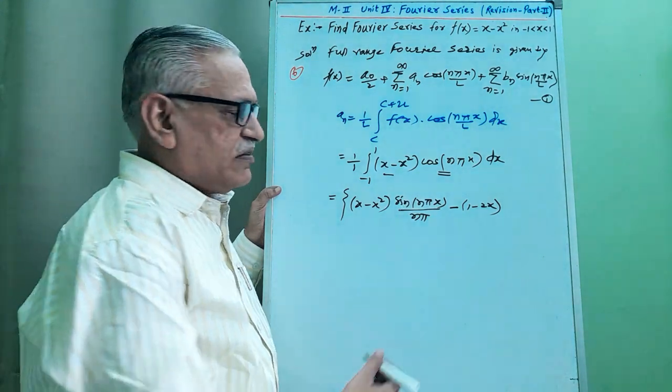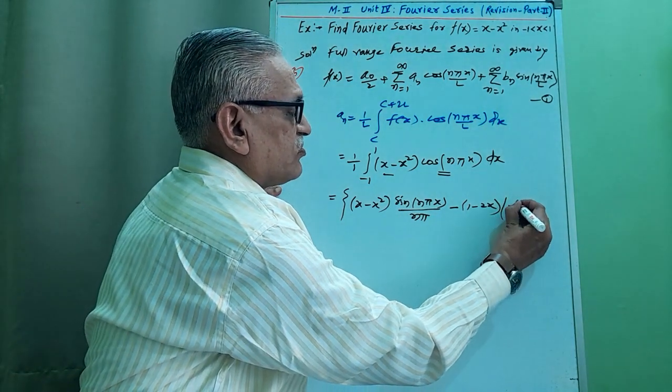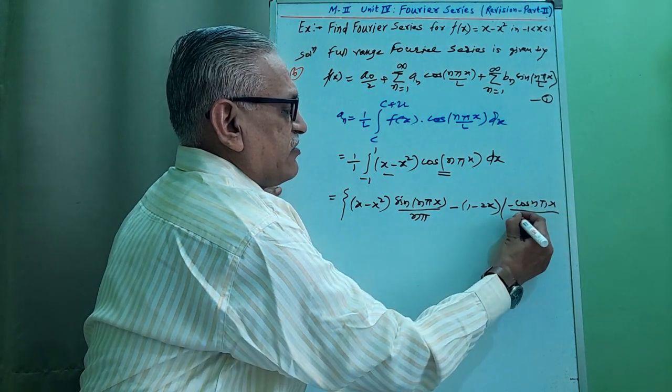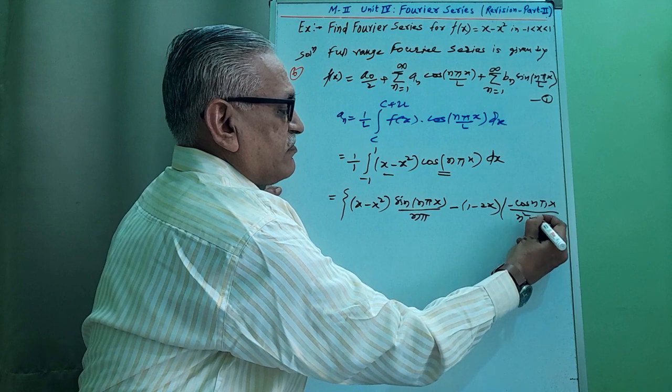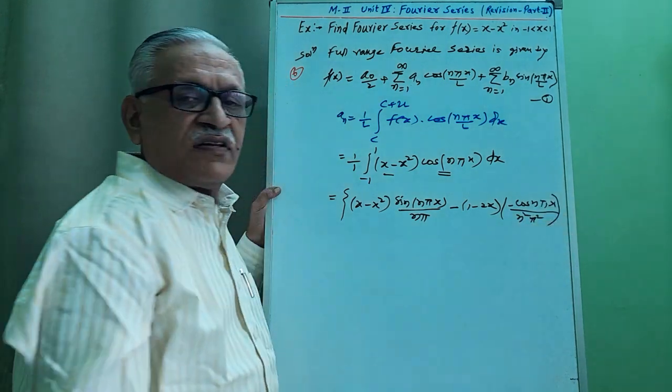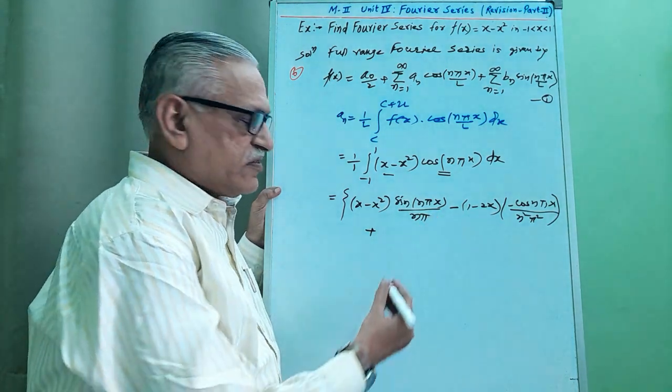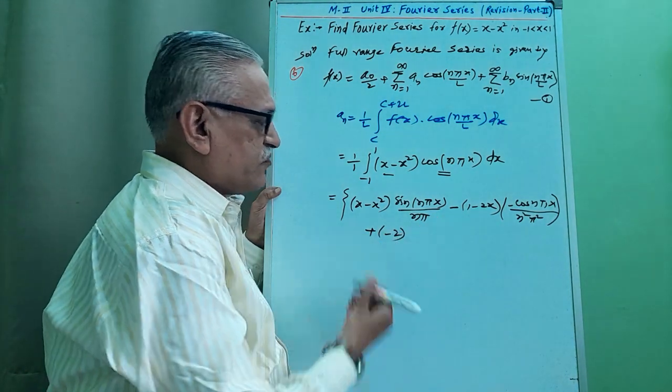Integration of sine next is minus cos n pi x divided by n square pi square, then plus differentiation of this, its derivative is minus 2.